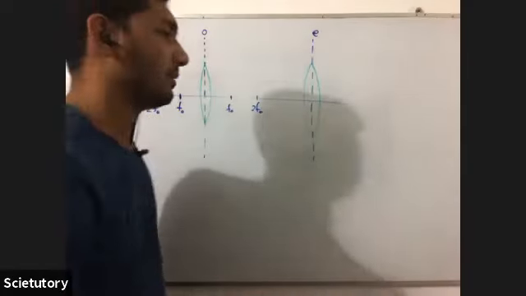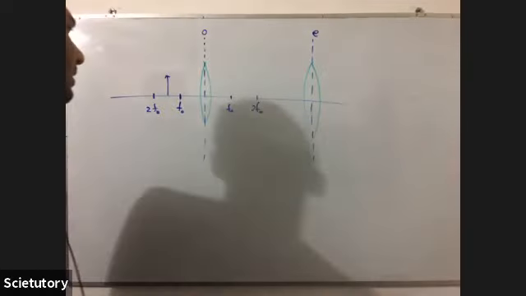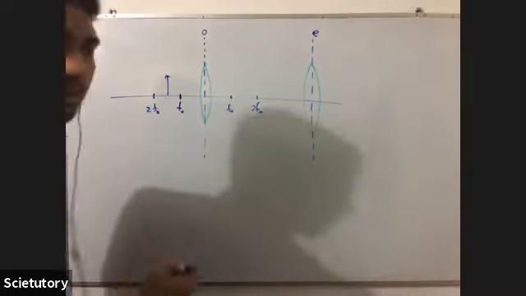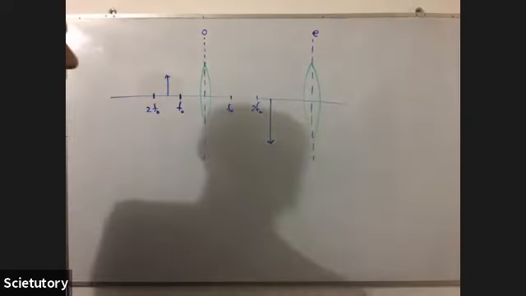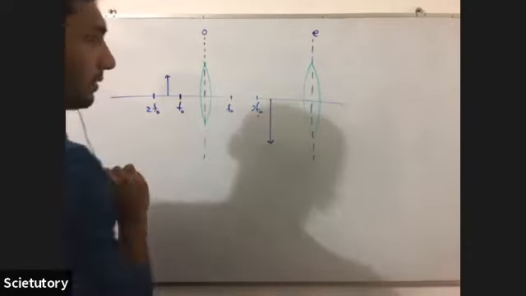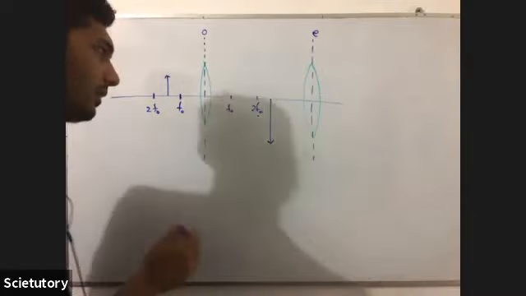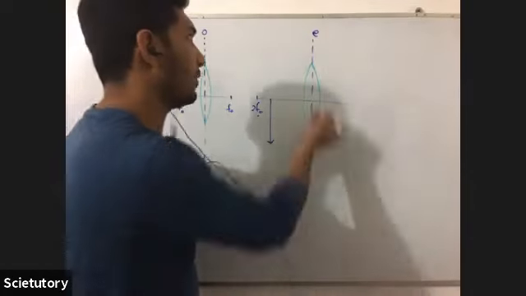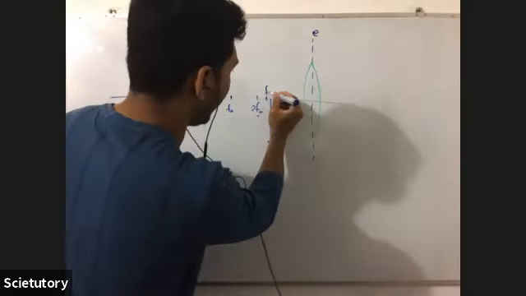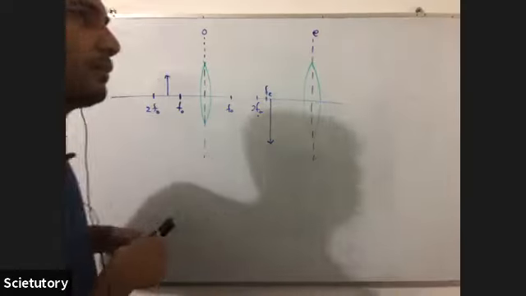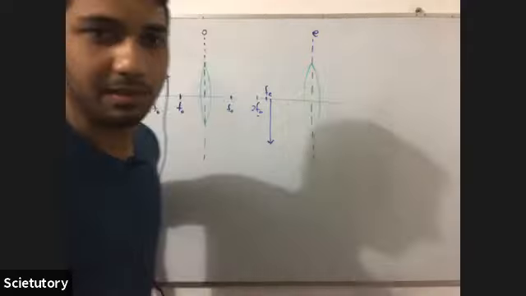So where do you get the image? In the opposite side, magnified, inverted, real image beyond f0. It's a magnified one. This now acts as an object for the eyepiece, and this is within the focal length of this eyepiece.